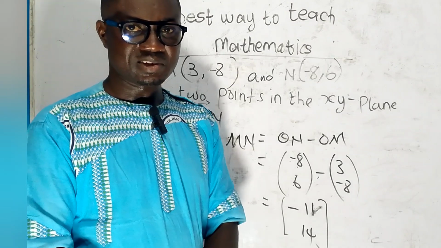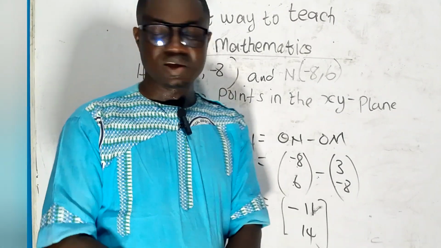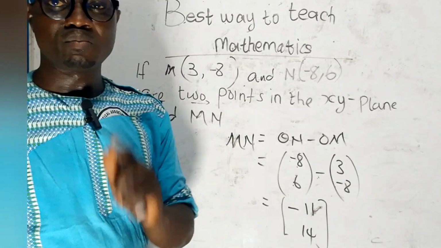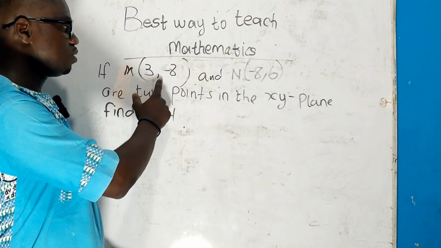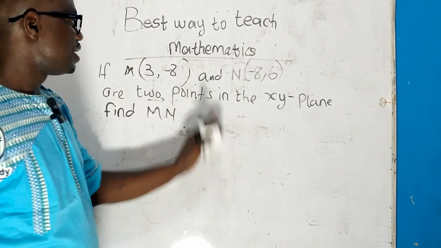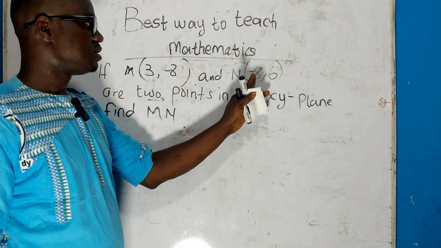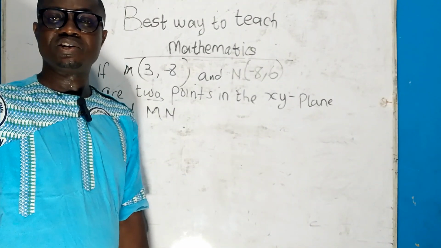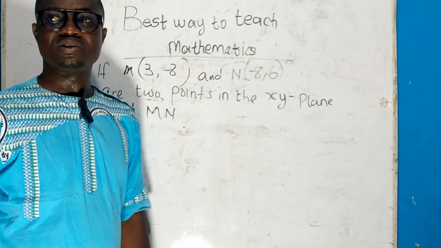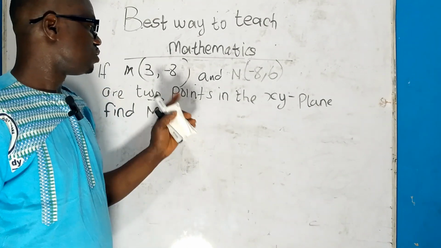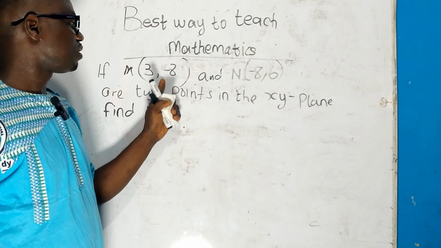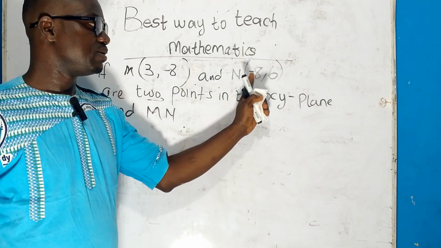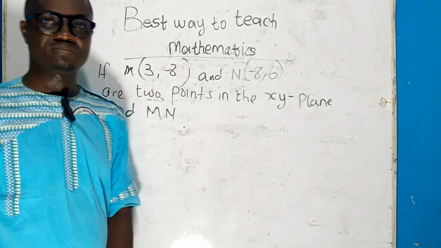So let's look at this approach and you observe that the method is well presented. M is (3, -8) and N is (-8, 6). So can somebody mention the variables I've mentioned or the numbers? Good. We have M (3, -8) and our N (-8, 6).